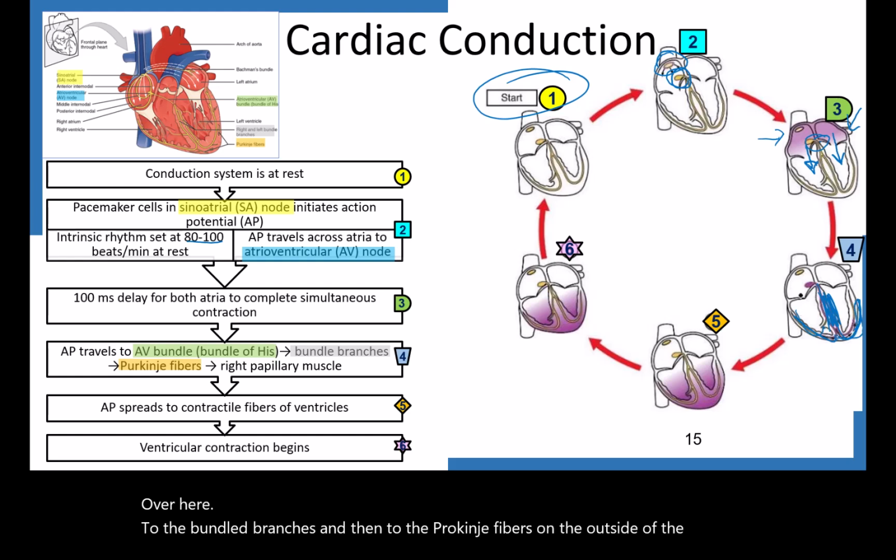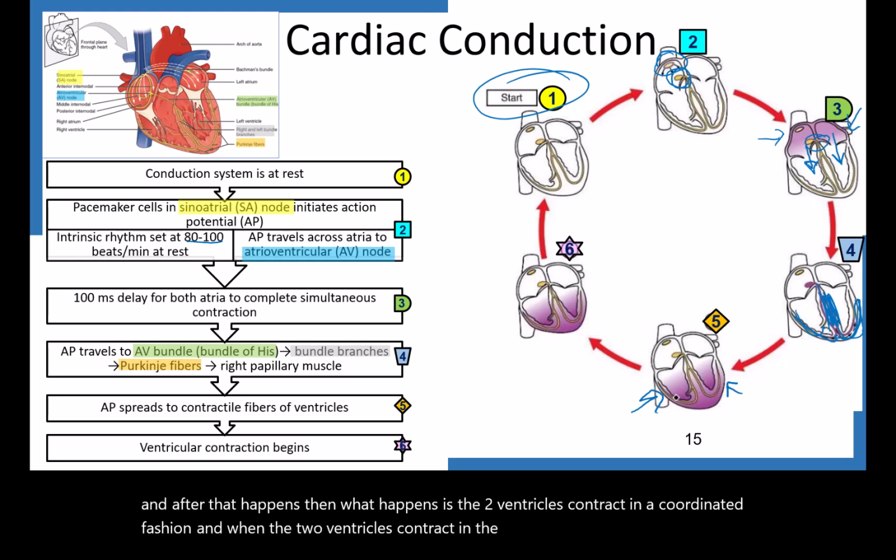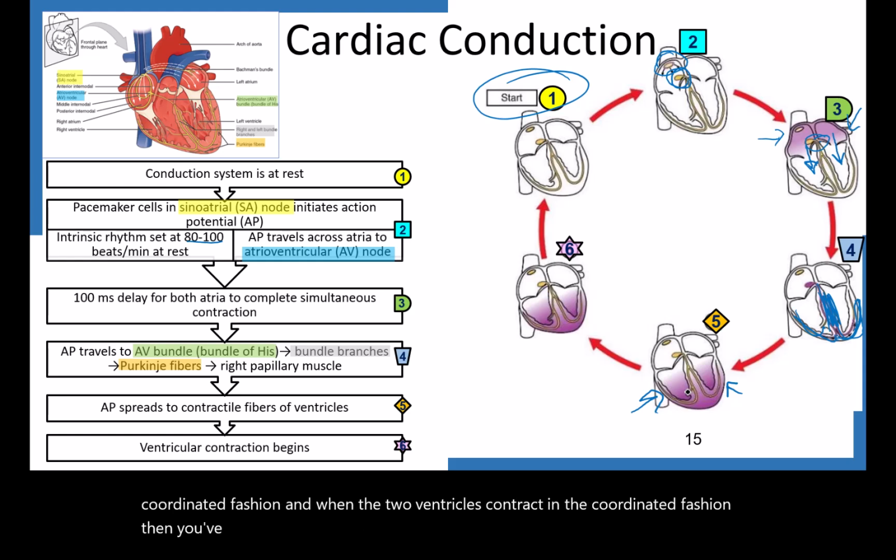After that happens, the two ventricles contract in a coordinated fashion. And when the two ventricles contract in a coordinated fashion, blood leaves the ventricles when the pressure in the ventricles is greater than that of the great vessels, so that the SL valve opens.